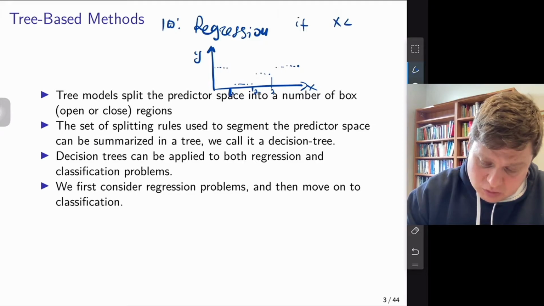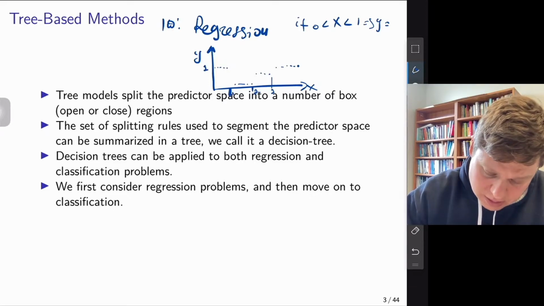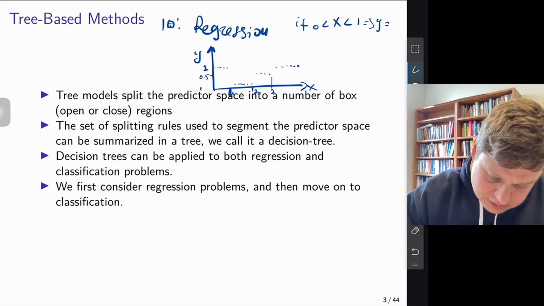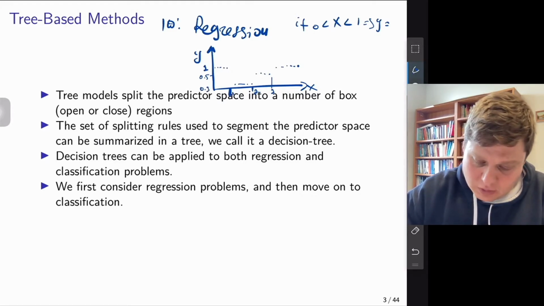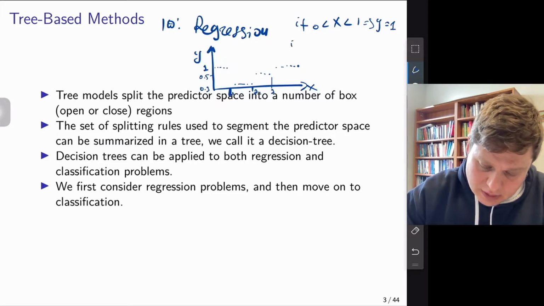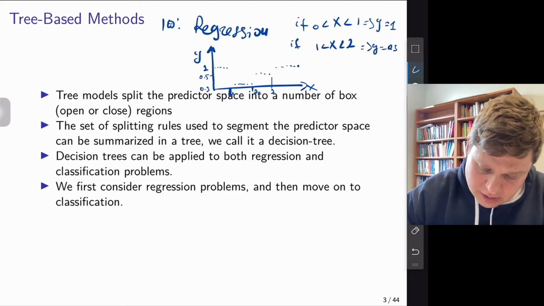If x is between 0 and 1, then y will equal, let's say this is 1, this is 0.5, and this is 0.3, then y equals 1. If x is between 1 and 2, then y equals 0.3. And if x is between 2 and 3, then we set y to 0.5.